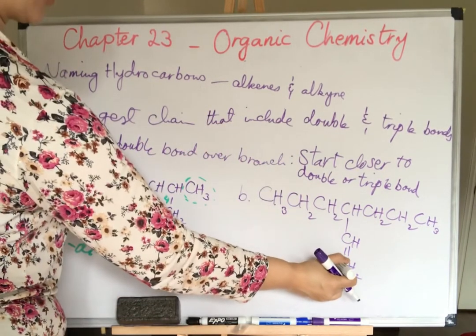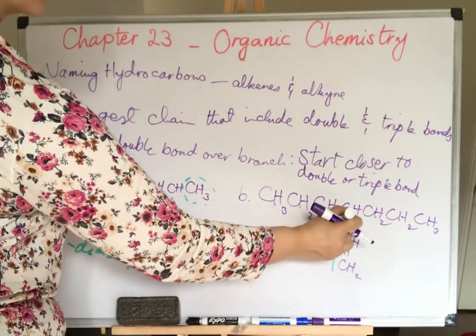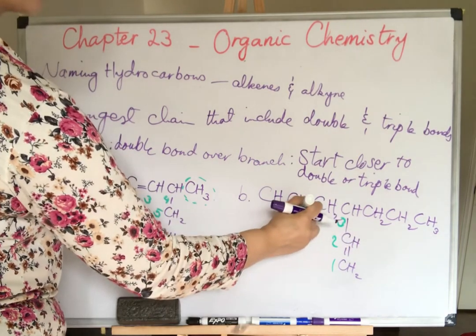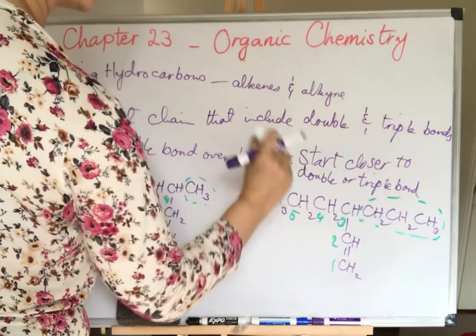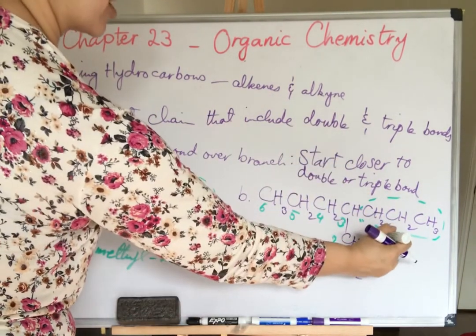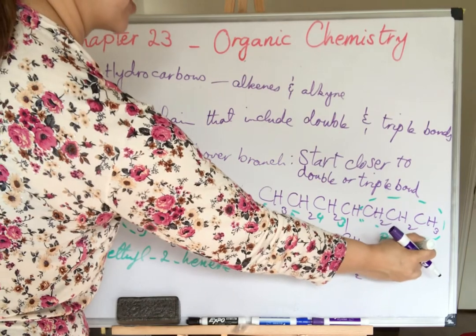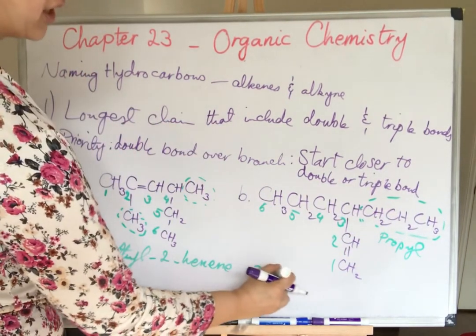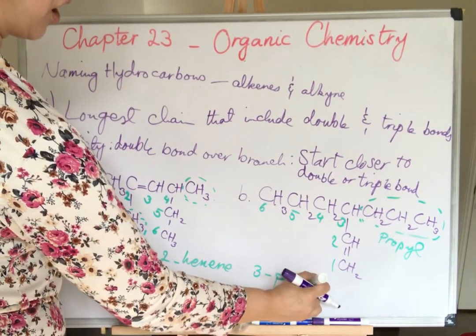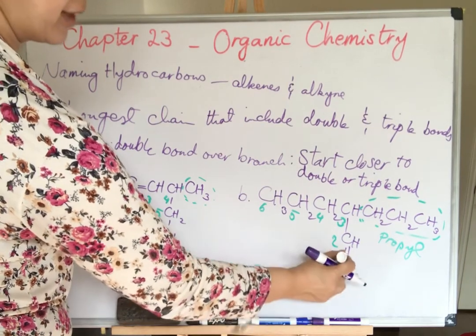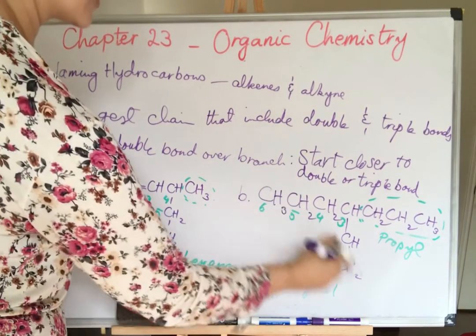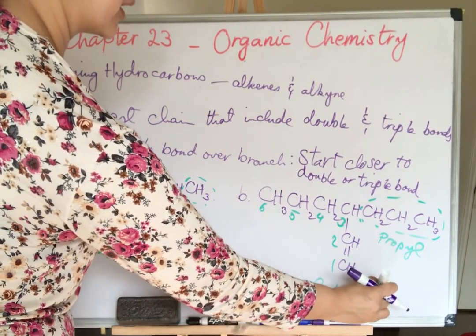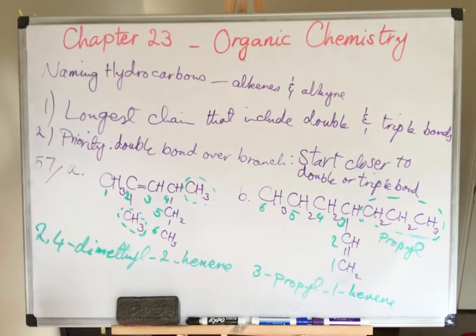So number from closest to the double bond, 1, 2, 3, 4, 5, 6. So what is your branch? With 3 carbons coming from propane, it is propyl. So you have 3-propyl, 1 because the beginning is on the first one. 1 and the 6 carbons is hexene. Okay, make sure you have enough practice on these.